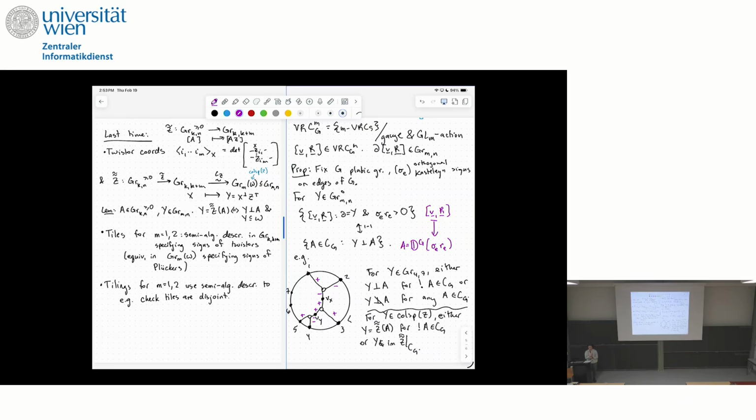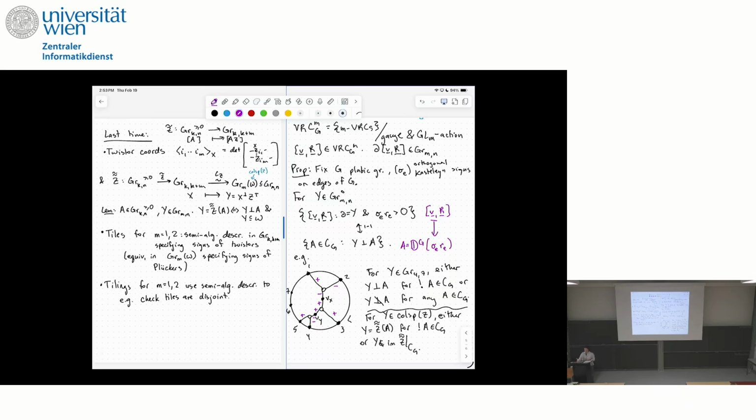So what's another thing that we gain here? We also gain a semi-algebraic description of the tile downstairs because, in this situation, I know not just the signs to put on these edges, but I actually know the functions to put on these edges to make the VRC.